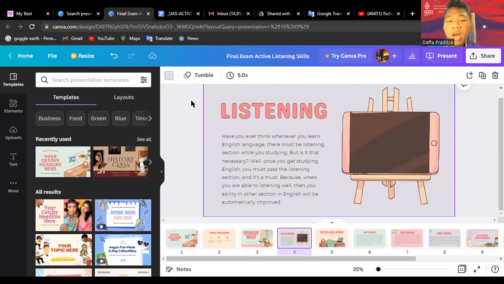Because when you are able to listen well, then your ability in other sections of English, like reading and writing, will be automatically improved. So this is very important to learn.